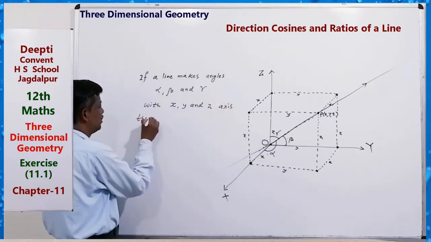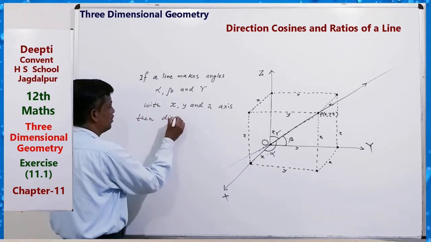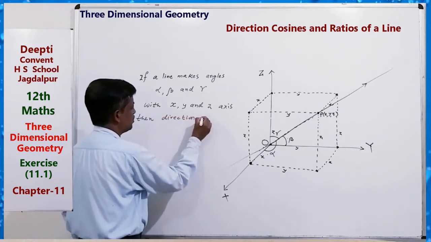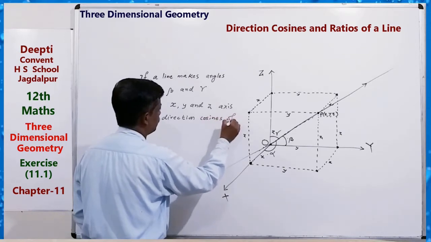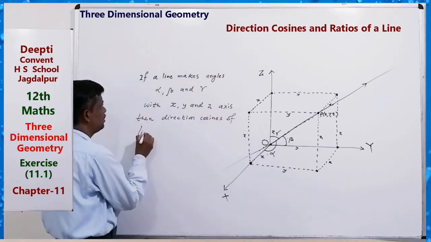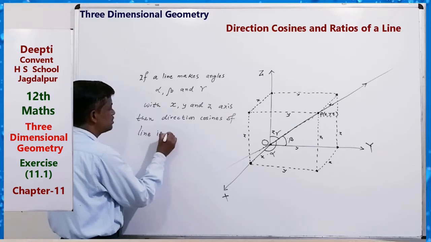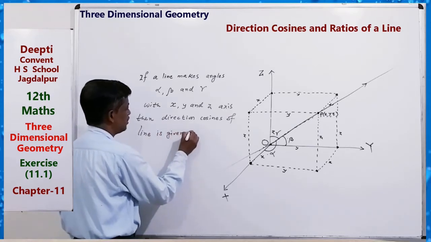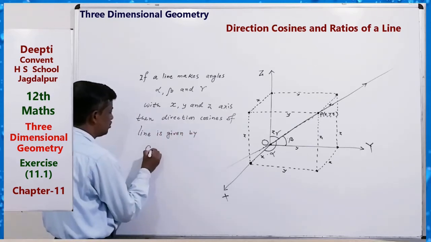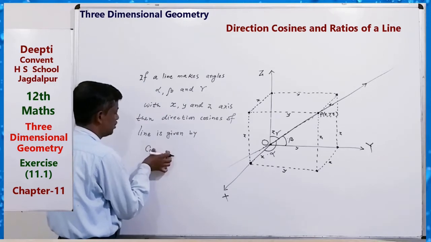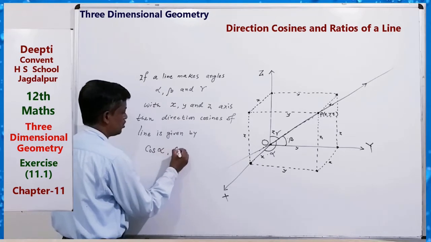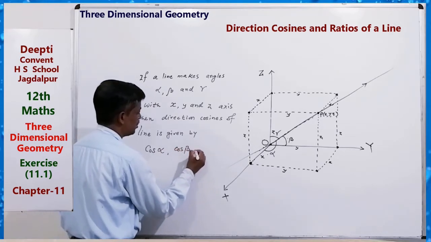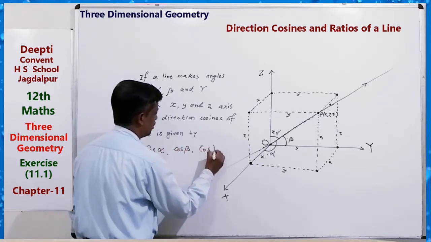then the direction cosines of the line are given by cos alpha, cos beta, cos gamma.